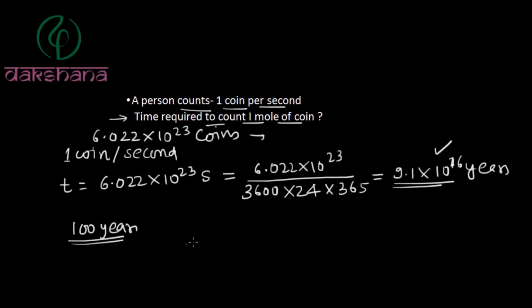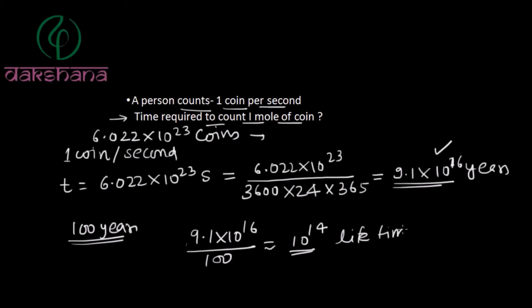So 9.1 into 10 to the power 16 divided by 100 will give me around 10 to the power 14 lifetimes. Okay, so if I devote 10 to the power 14 lifetimes, then only I will be able to count 1 mole of coins. So now you can think of how big this number is.